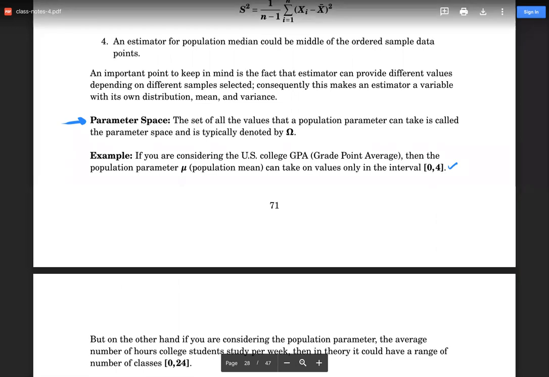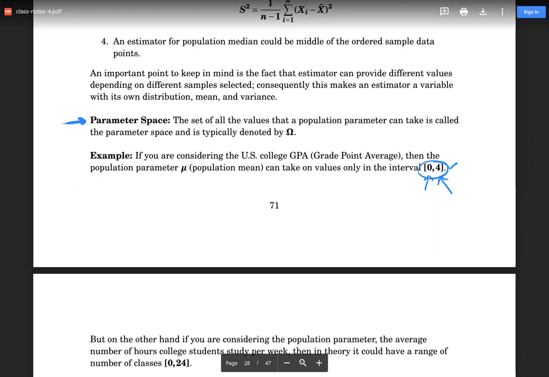The lowest GPA you can have is 0. The highest GPA you can have is 4, or anything in between, by the way. Anything in between 0 and 4 is also acceptable, right? So your parameter space for GPA is 0 to 4.